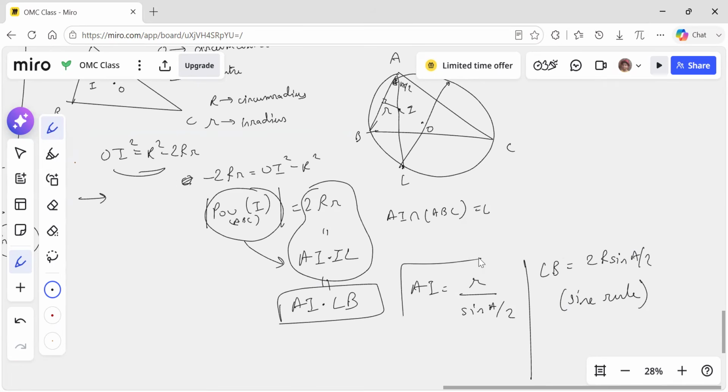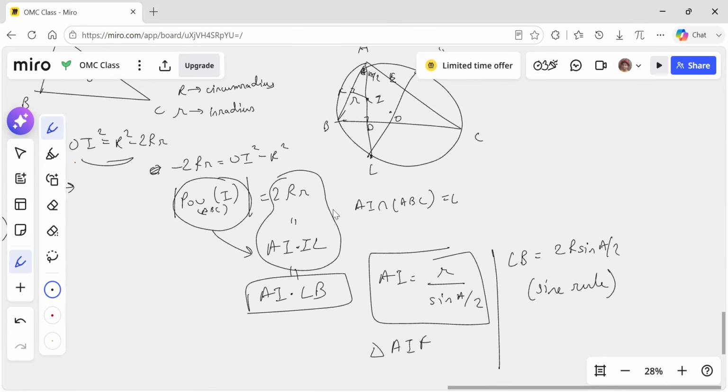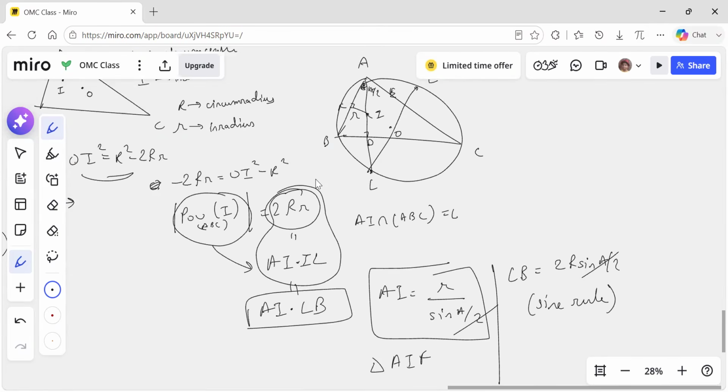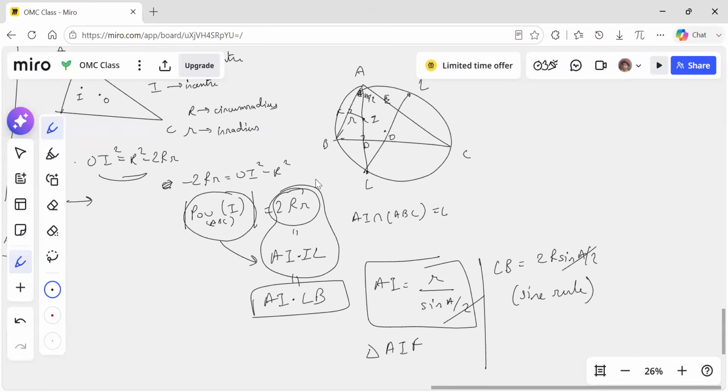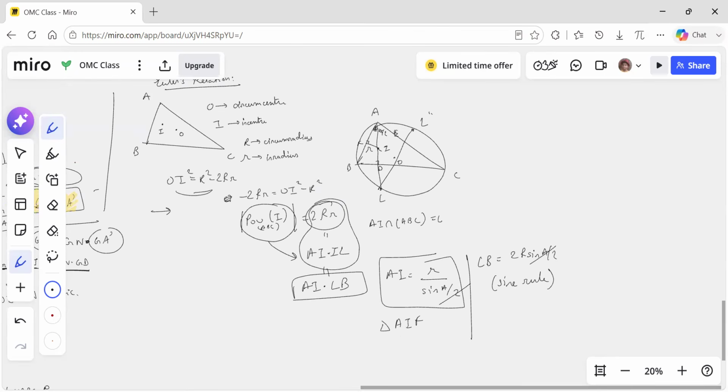And this is from that triangle AIF, where let's call it E, F the incircle touch points. And now if you multiply them, the sine terms cancel, so you'll be left with 2Rr. And this finishes the problem.